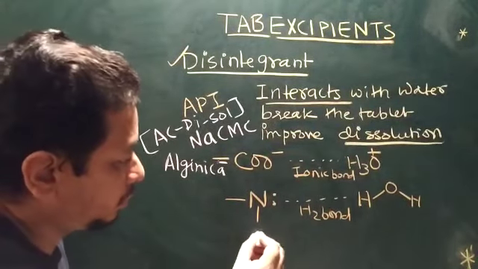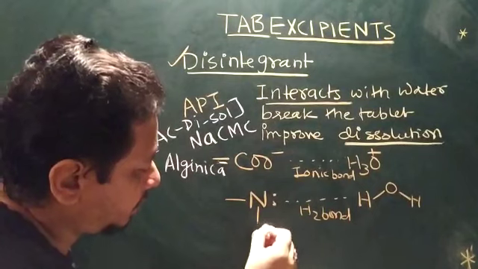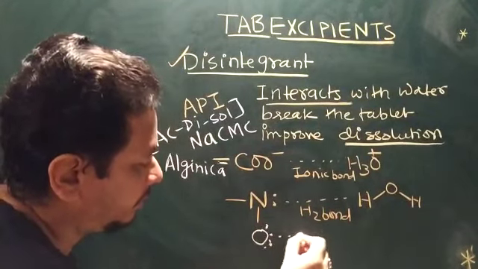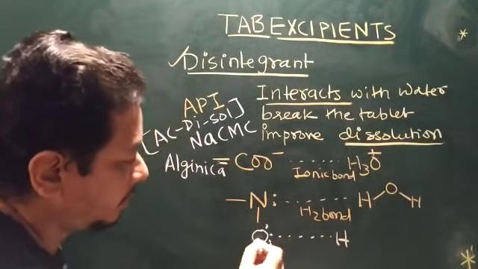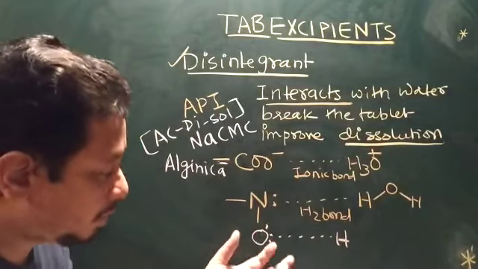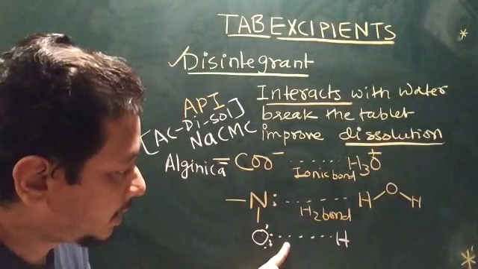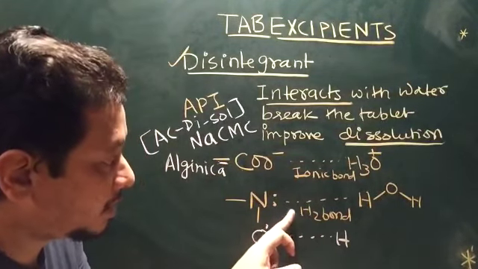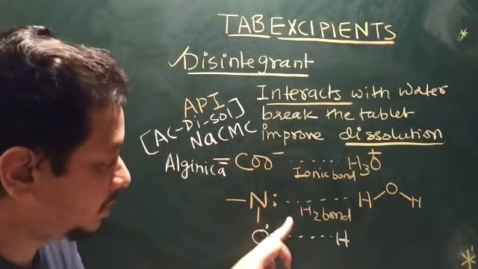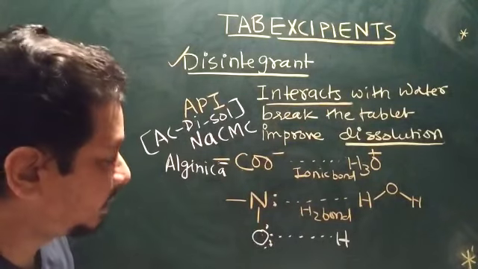Because oxygen is also capable, but oxygen is more electronegative than nitrogen, so oxygen holds the electrons towards itself. That's why hydrogen bonding is very strong for nitrogen, but weak in oxygen.